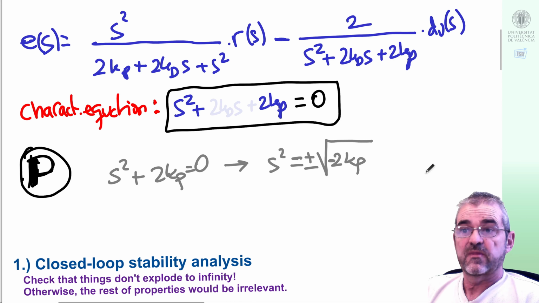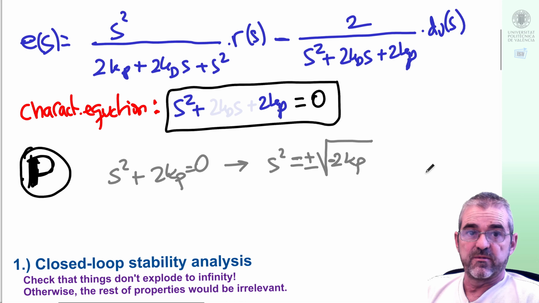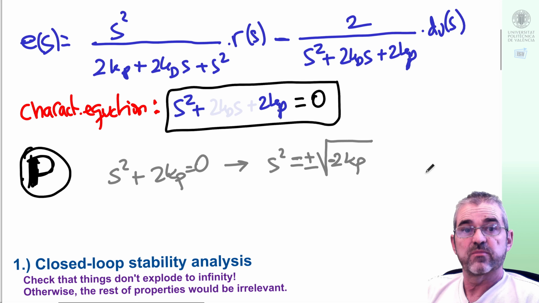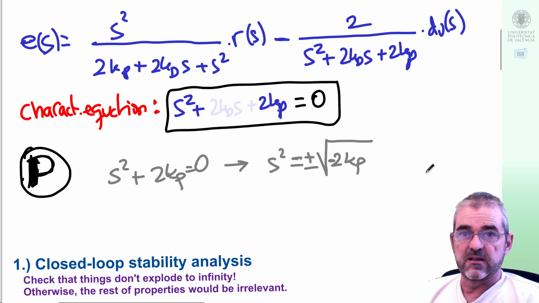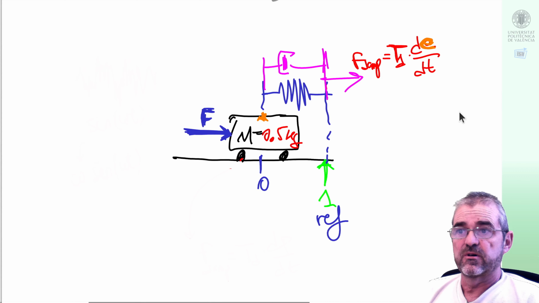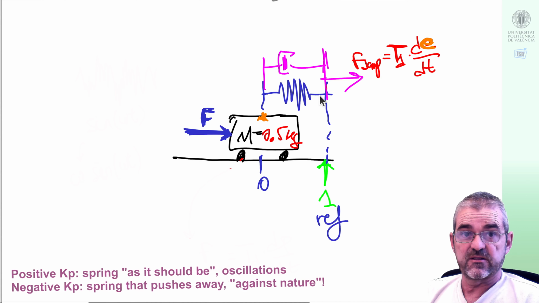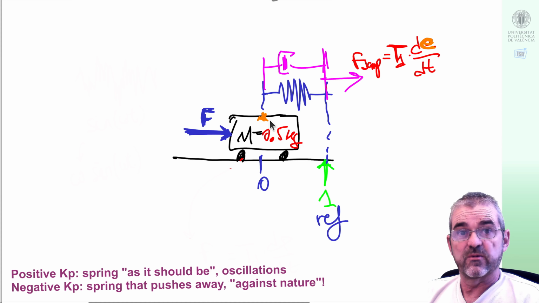And then, if kp is positive, then this thing will be imaginary. And if kp is negative, then I will have a positive root and a negative root. So I will have a positive exponential, so this will be unstable. I mean, in my intuition on the proportional control, this is a spring that, if it is a normal spring, then it will have oscillations. And if there is no damping, they will last forever.